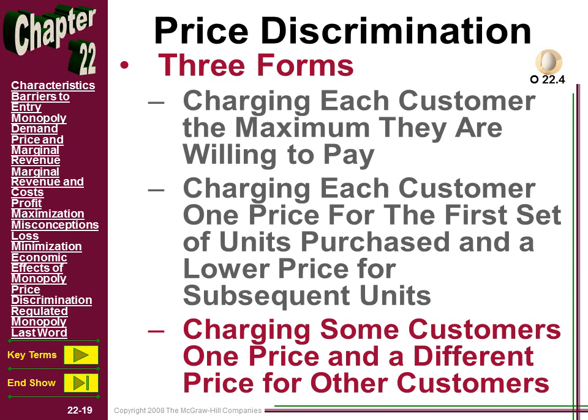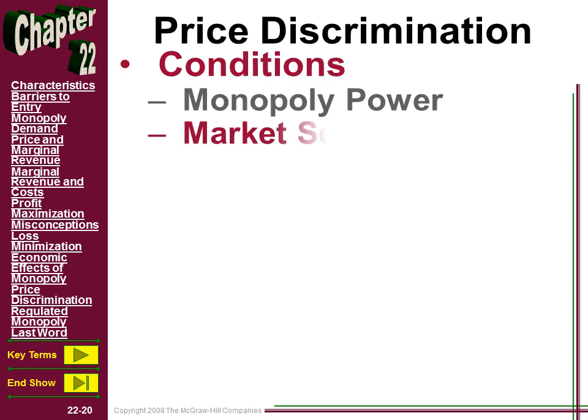So literally discriminate based on a customer's willingness to pay. All right? The monopolist could charge each customer one price for the first set of units purchased and then a lower price for subsequent units. And then the third, which is the most common, is charging some customers one price and a different set of customers other prices.